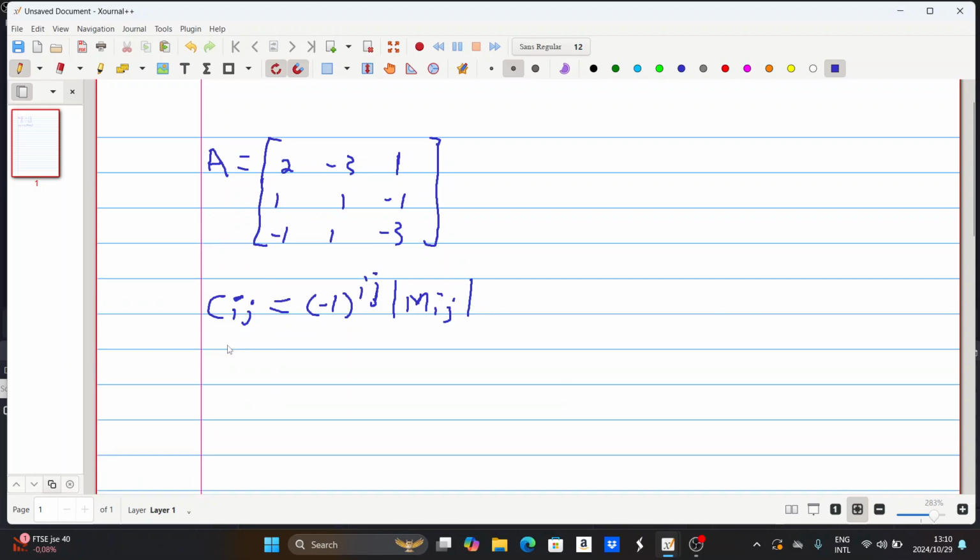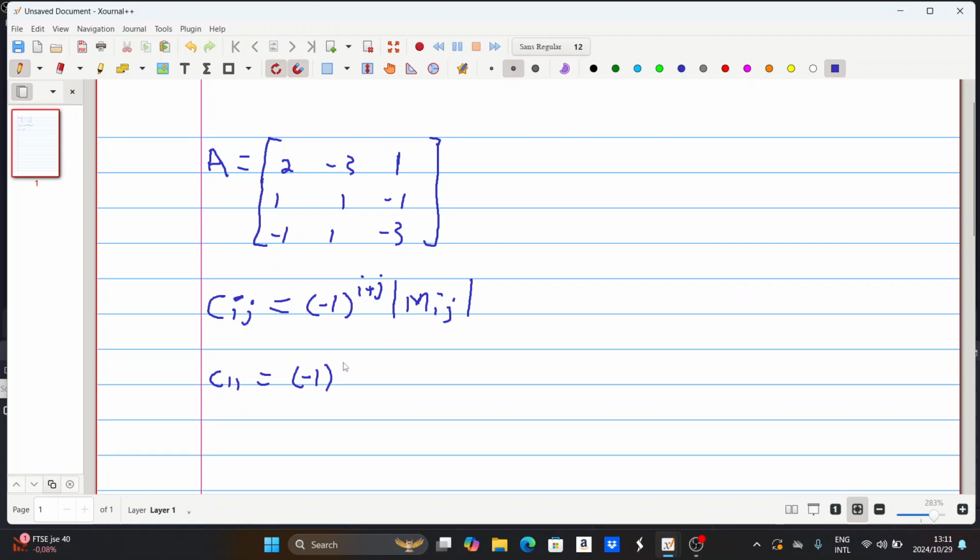So this is what we're going to do now. We'll be using this matrix. Let's find the first cofactor, C11. It's going to be equal to -1 to the power of i plus j.